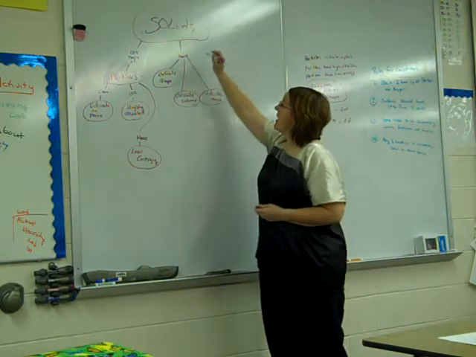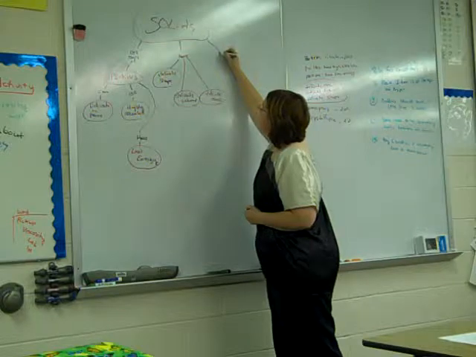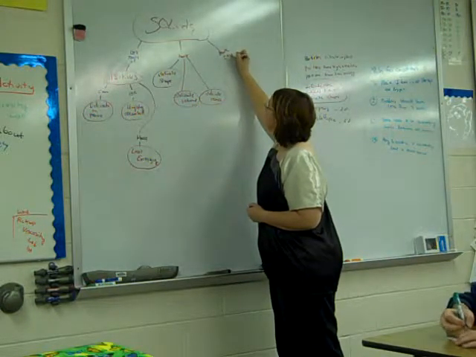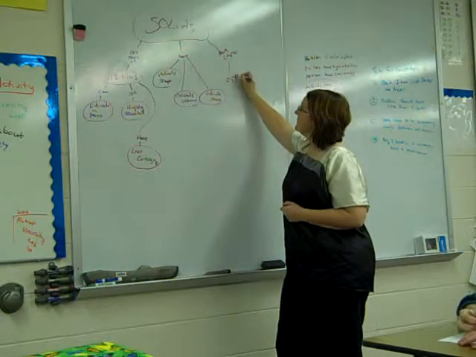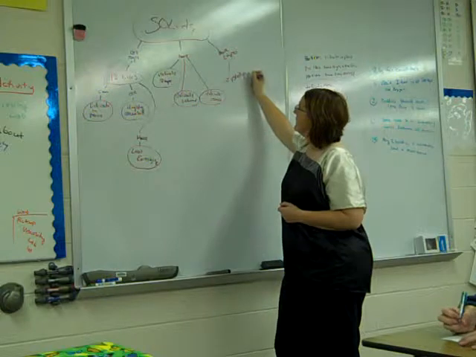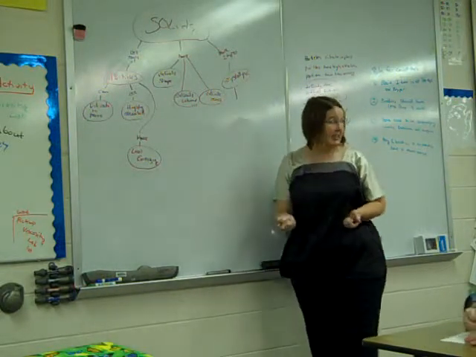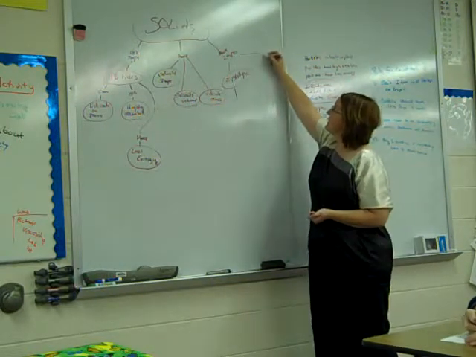Okay? Like here, over here you can have solids have 2 types. And then you've got crystalline. And then underneath crystalline, you could describe what crystalline is. And then you have the other type, amorphous.